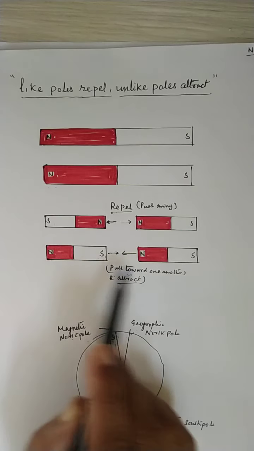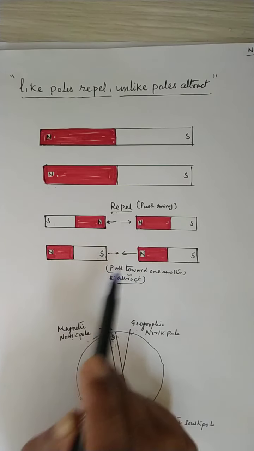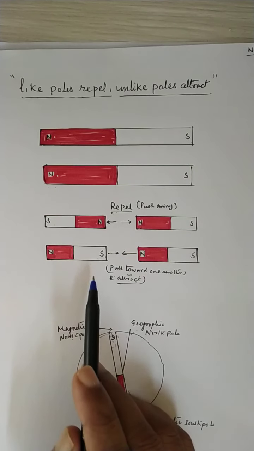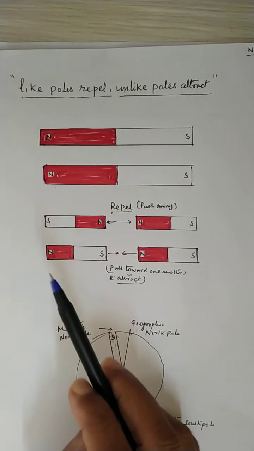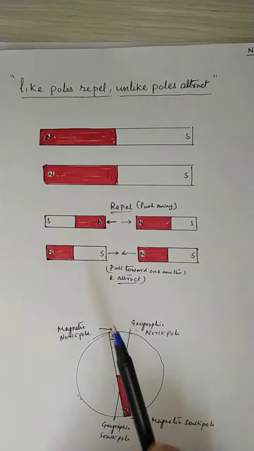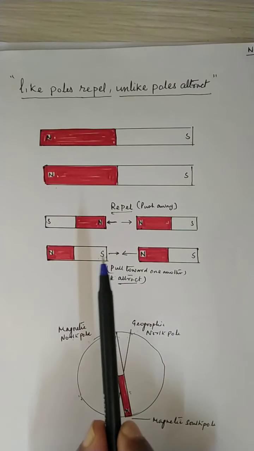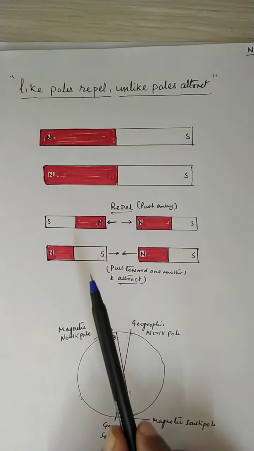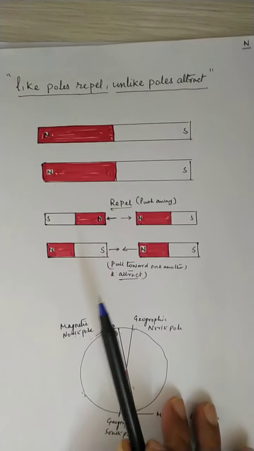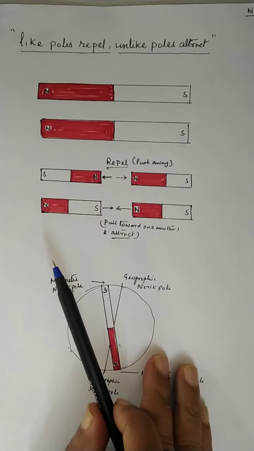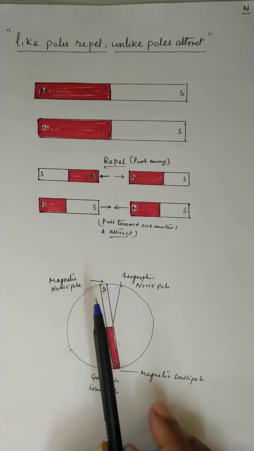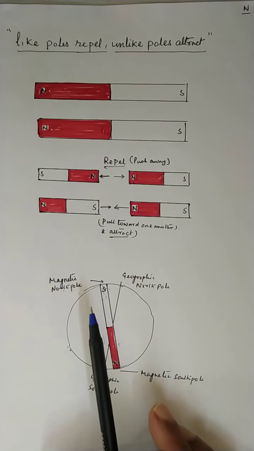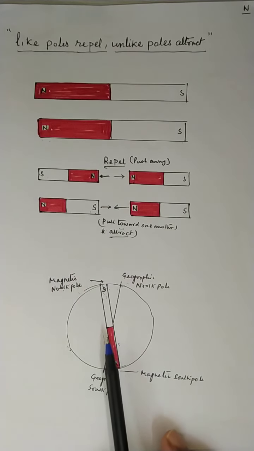There will be attraction. So the question, I repeat: why does the magnetic needle's north pole, suppose this is the magnetic needle and this is the north pole, why is it attracted to the Earth's magnetic north pole?